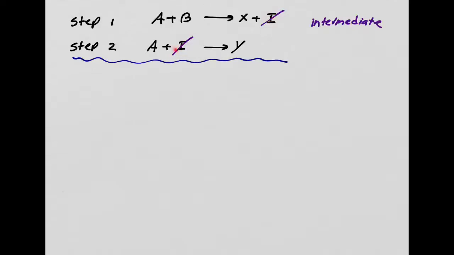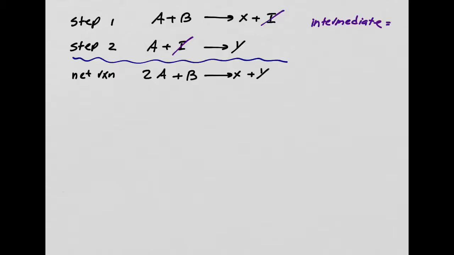So then what I end up getting is 2A plus B goes to X plus Y. Okay? That's going to be my net reaction. So far, so good. Now, what is the intermediate in this reaction? Is there an intermediate?